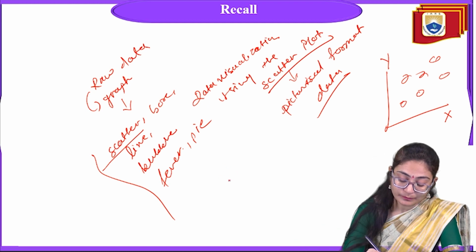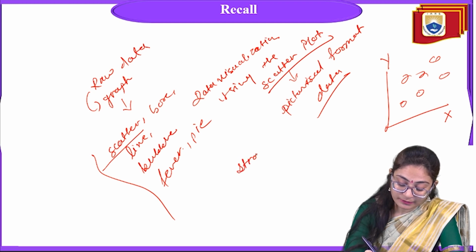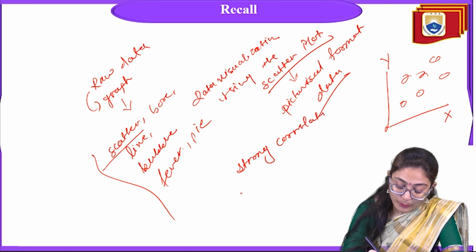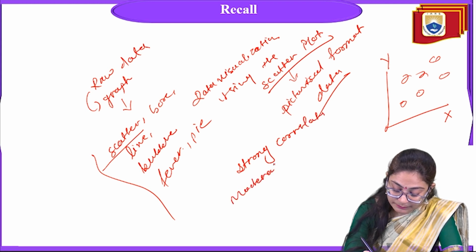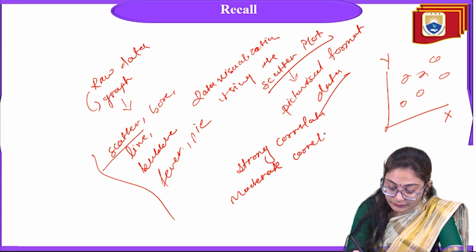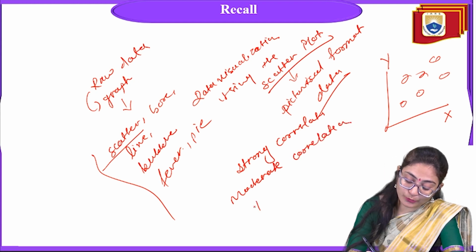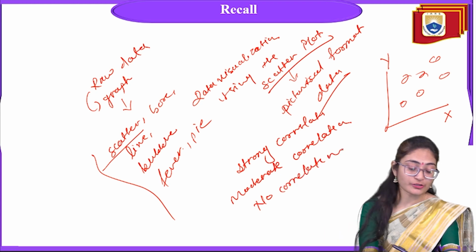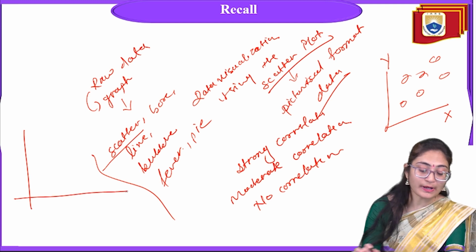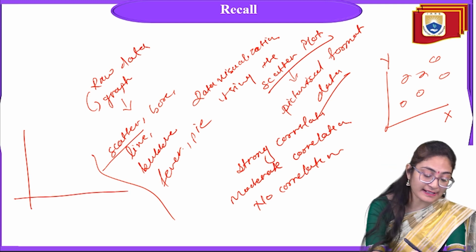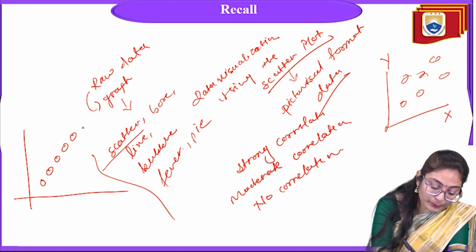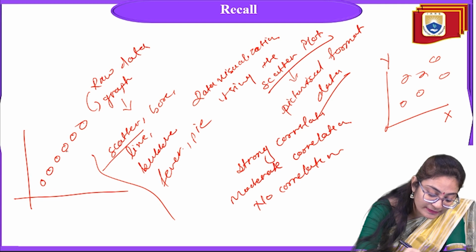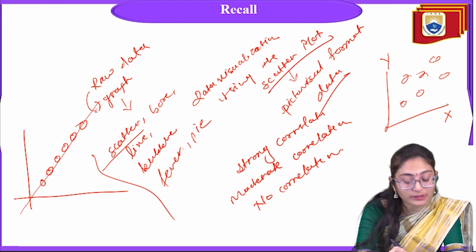scatter plot, like strong correlation scatter plot, moderate correlation scatter plot, and no correlation scatter plot. Strong correlation means if you have two axes, x-axis and y-axis, and now you are drawing this plot like this, and from this you can draw the line.